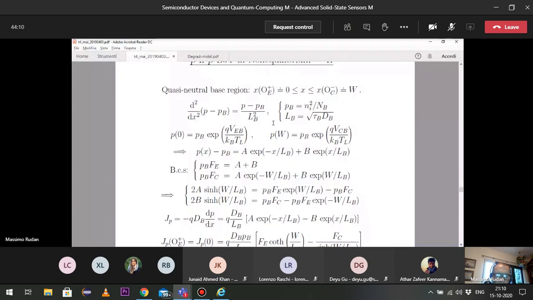Given that we have calculated A and B, that means that we know the behavior of P of x inside the neutral region of the base, because now we know the two coefficients A and B. At this point, we can take the derivative in order to calculate the current density, using, again, the diffusive.